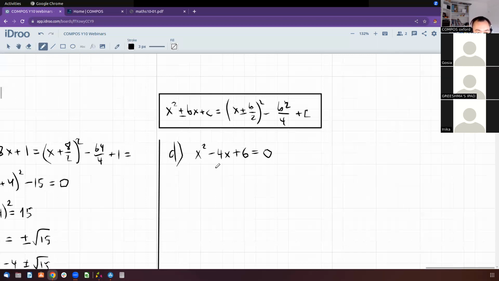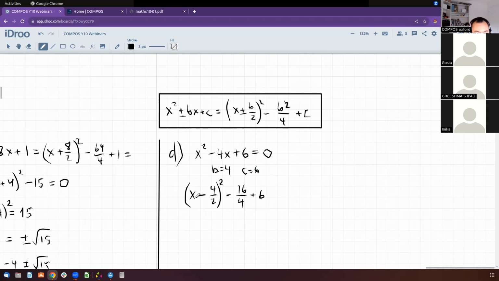So here B is equal to 4 and C is equal to 6. And I'm using the formula with a minus. So it's going to be x, open bracket, x minus, because minus, 4 divided by 2. So B divided by 2, close bracket, squared, minus B squared over 4. So B squared is 16 over 4 plus C, so plus 6.